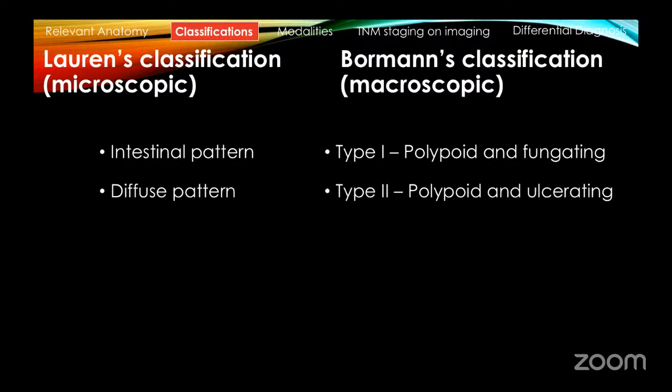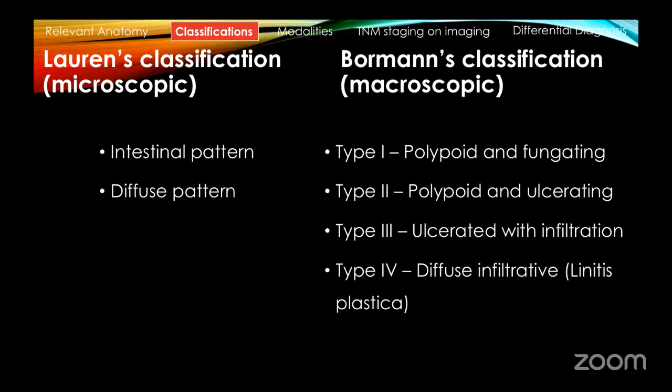The type 2 would be the polypoid and ulcerating. So one was polypoid, but it was fungating. So it was kind of the proliferating one. And the other one is the polypoid with an ulcerating component. The third would be the ulcerated type of cancer with infiltration. And the fourth would be a diffuse infiltrative pattern, also known as the linitis plastica.